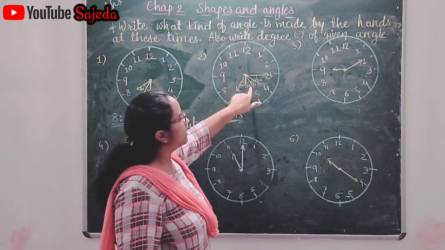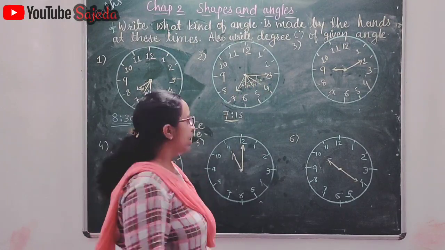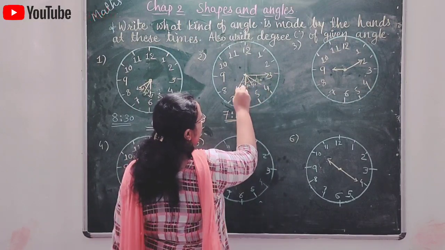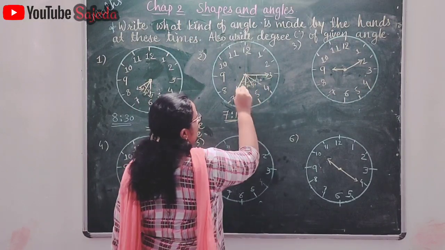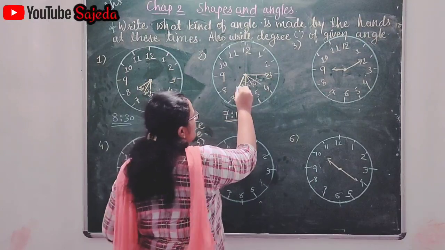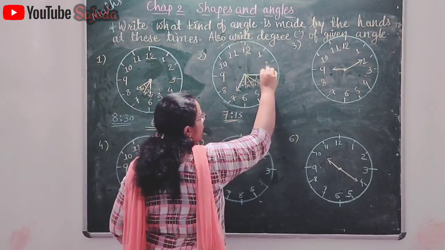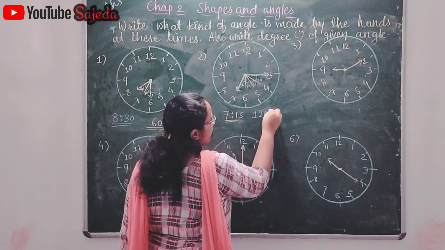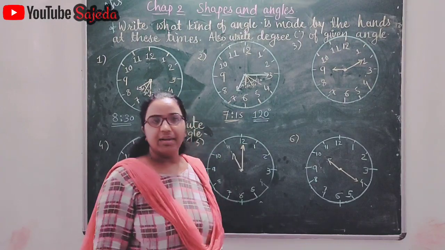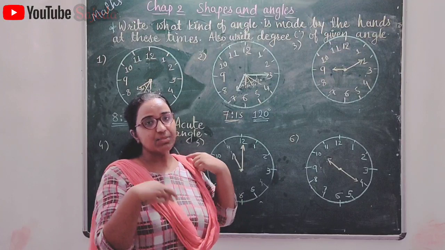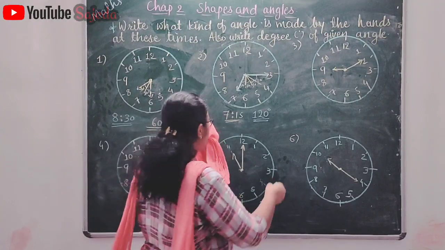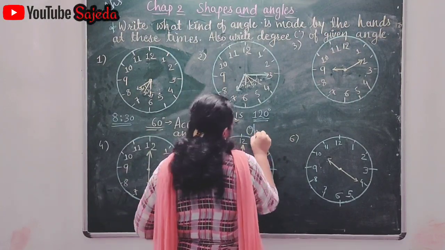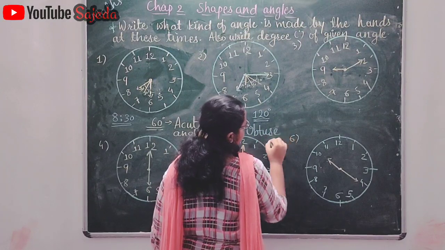That means 30 fours are 120. So the measurement of this angle formed by 7 and 3 at 7:15 is of 120 degree. And 120 degree is more than 90 degree. That means this angle is obtuse angle.